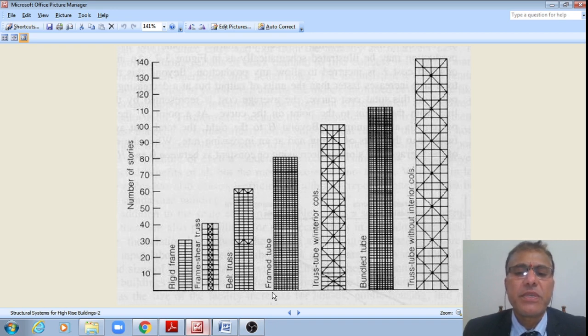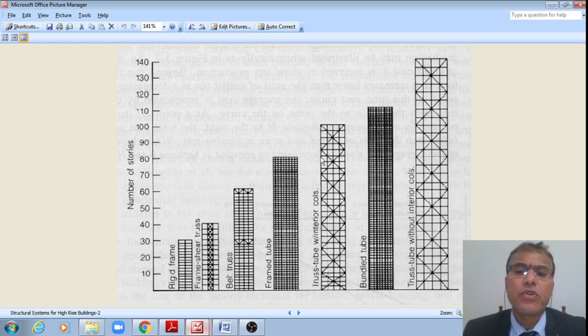The next system is the framed tube, totally framed tube, consisting of all the columns arranged in the form of a tube. That is how this can be had up to an 80-story building height. The next one is the truss tube with interior columns.